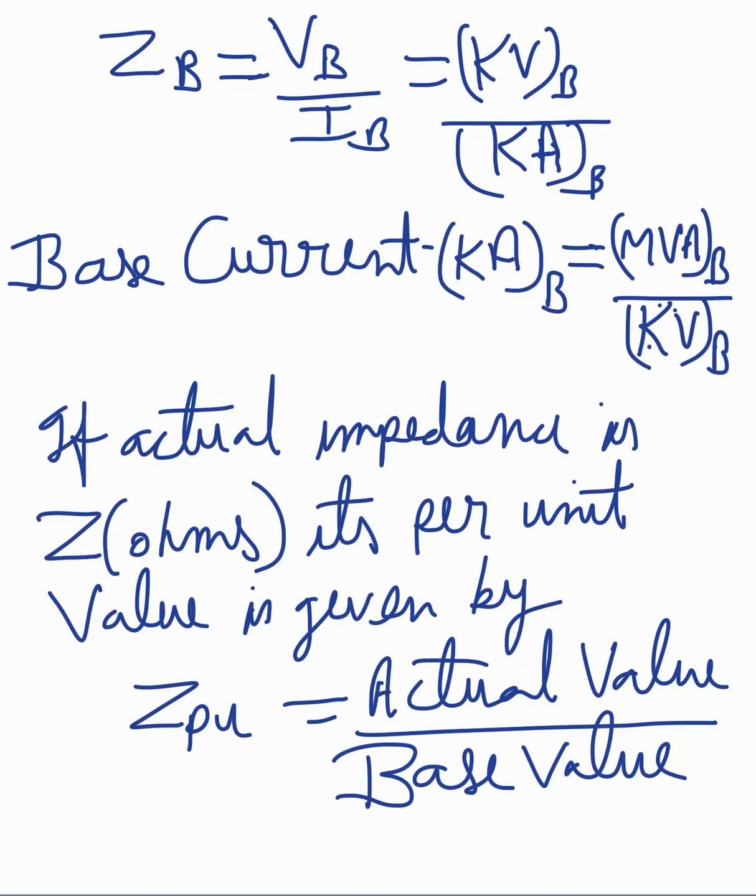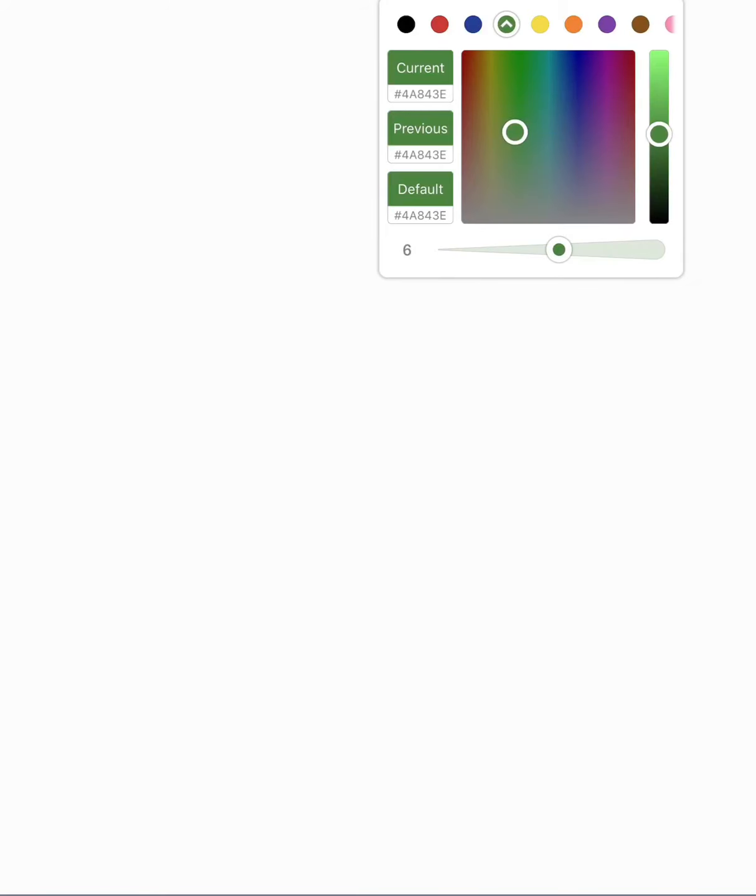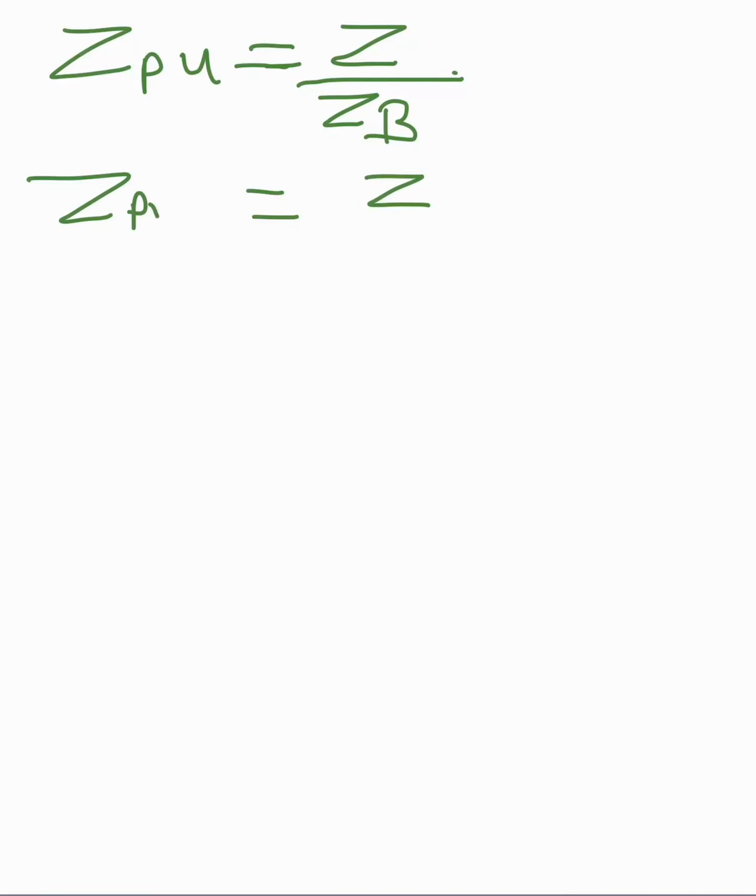So that is Z per unit is equal to actual value of impedance Z and its base value ZB, so we can write Z per unit is equal to Z upon ZB. We have calculated the value of ZB, base impedance value, in the previous case.